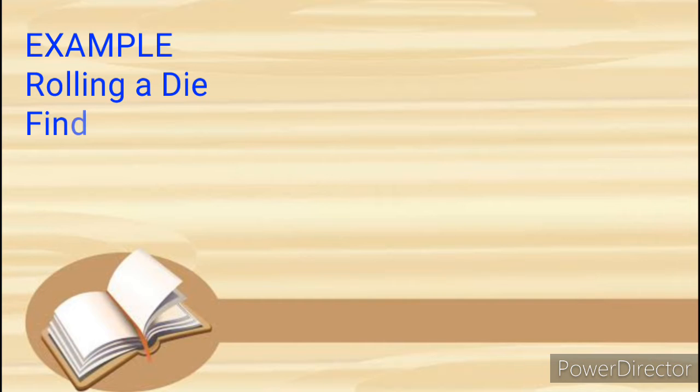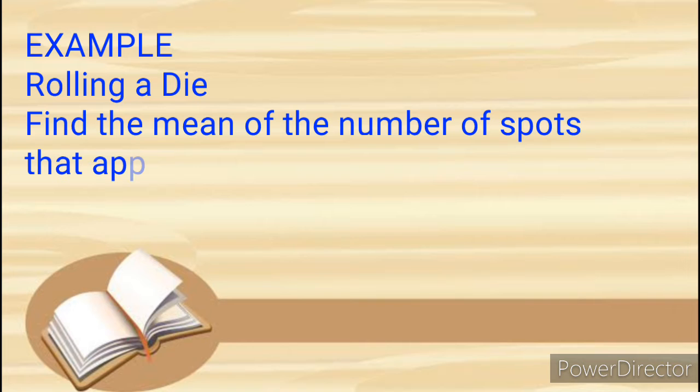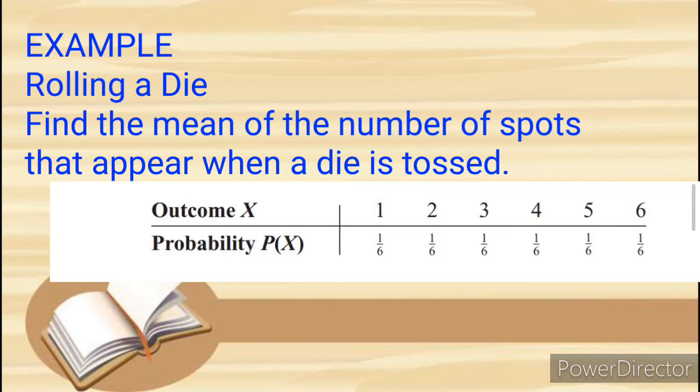Let's have another example: rolling a die. Find the mean of the number of spots that appear when a die is tossed. When the die is rolled, the outcomes are 1, 2, 3, 4, 5, and 6, and each outcome has a probability of 1/6.